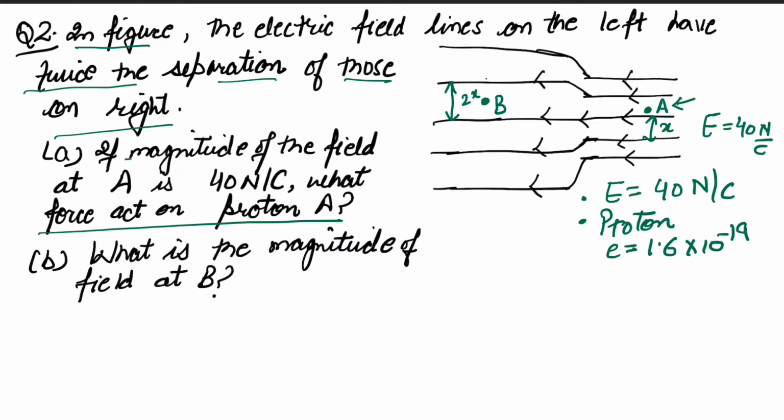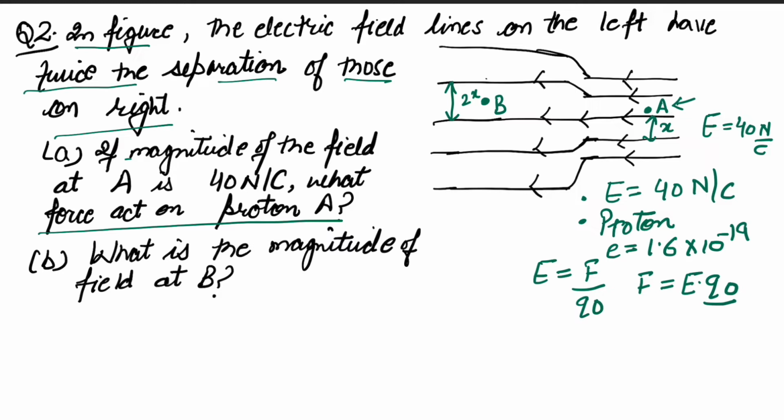And we know that electric field can be written as force divided by the test charge. So we are supposed to determine the force. Force will be E into Q naught, right? Q naught, the test charge, is the proton.